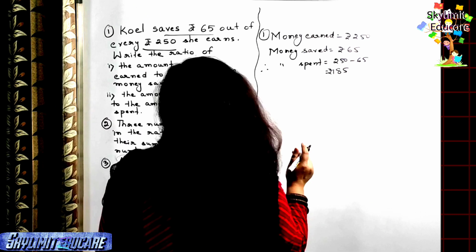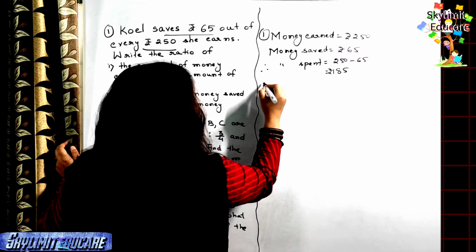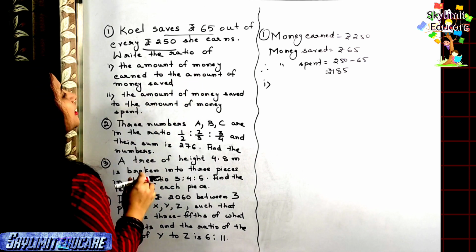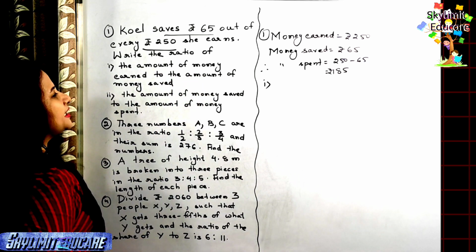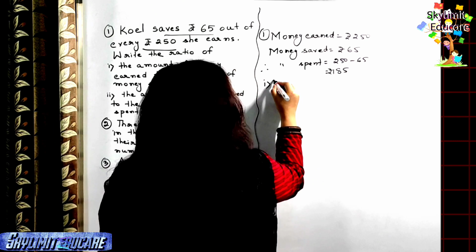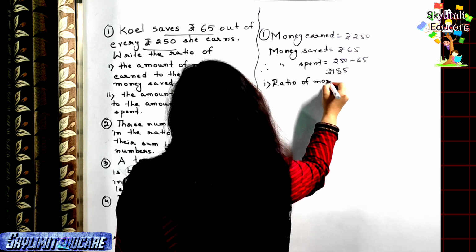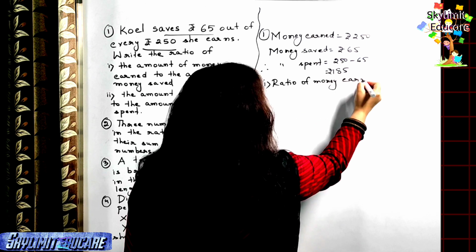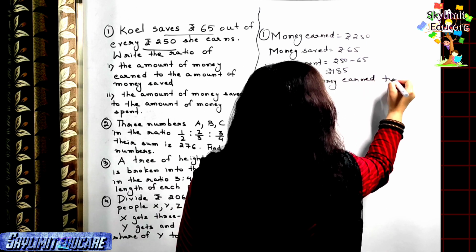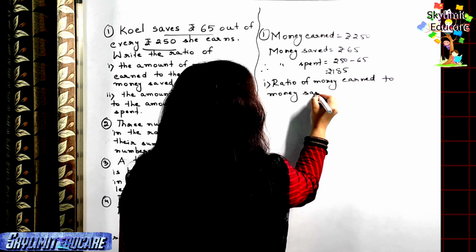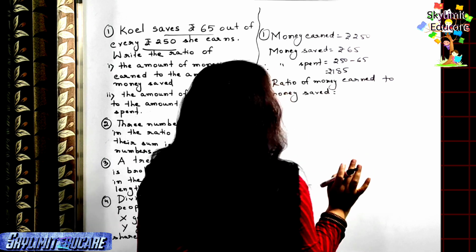Clear? So now in the first bit, we are supposed to find out the ratio of the amount of money earned to the amount of money saved. So ratio of money earned to money saved. Here we cannot change the order.